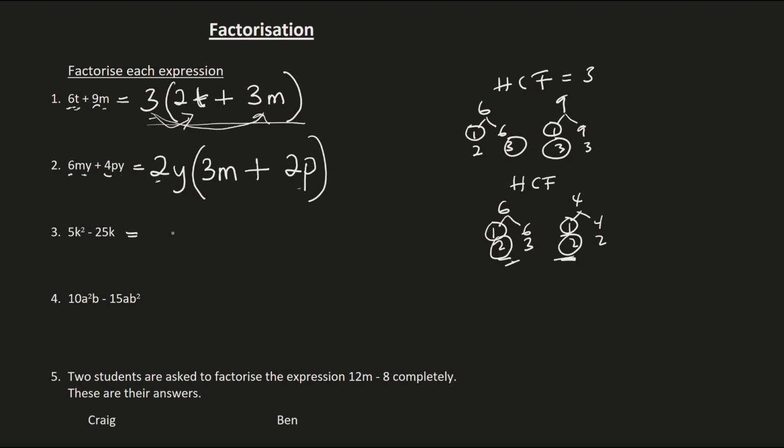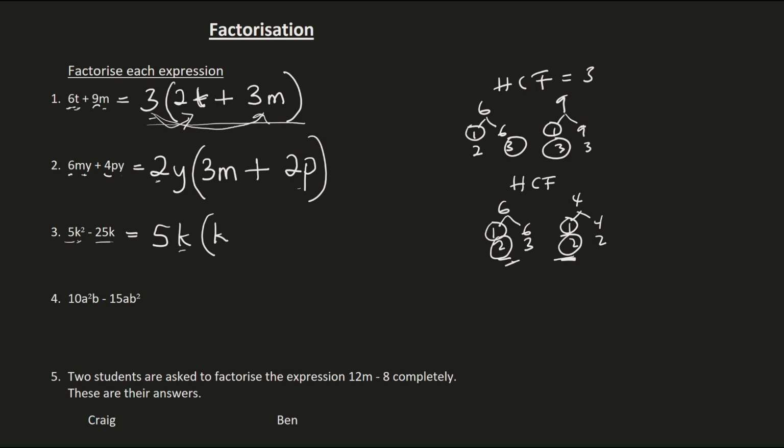Question 3. Highest common factor for 5 and 25 is 5. Then k squared and k, we have k, which is common to both sides. So I factorize k out. Open bracket. 5 divided by 5 is 1. We don't usually write it because 1 times anything is the same thing. And then k squared divided by k gives me k.